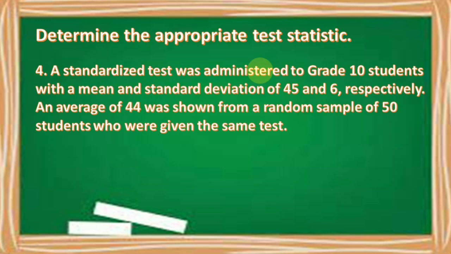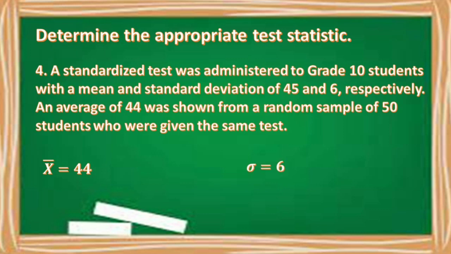Let's have number 4. A standardized test was administered to grade 10 students with a mean and standard deviation of 45 and 6 respectively. An average of 44 was shown from a random sample of 50 students who were given the same test. So from this given scenario, our sample mean or x bar is equal to 44.